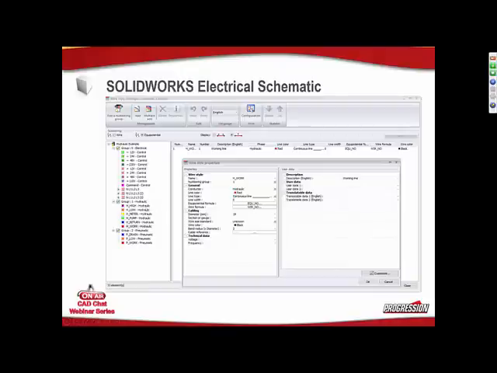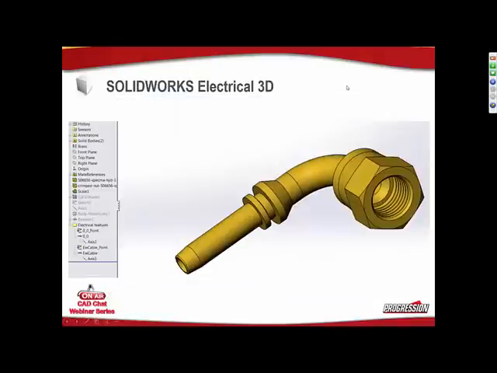Or it could also be a pneumatic group. So basically, you can tell it what that line is representing, and that line could represent a wire or it can represent a hose. Doesn't really matter in electrical. And then on the 3D side, it doesn't really matter whether that fitting is a hose fitting or a connector on the end of a wire.